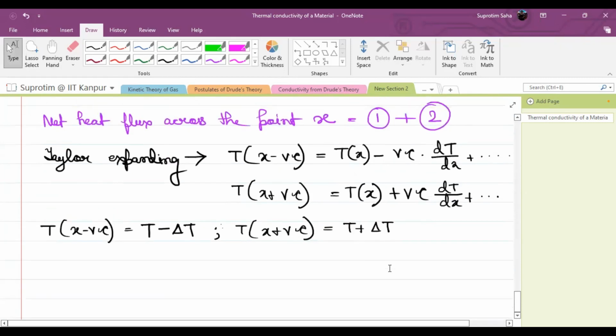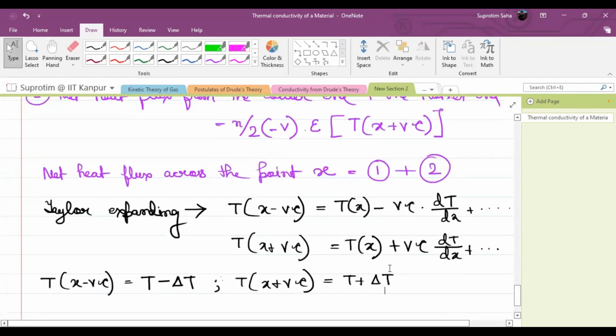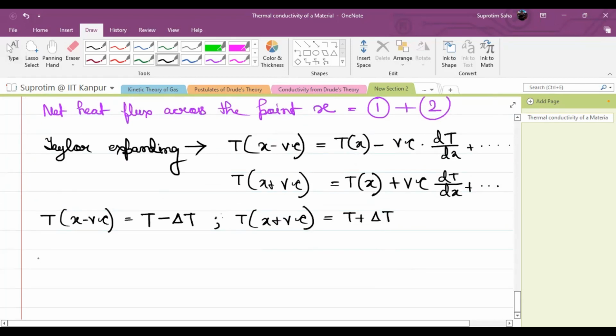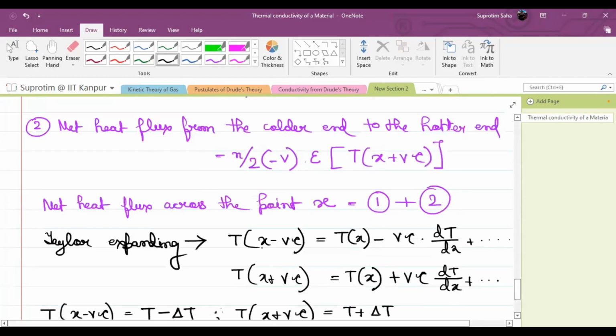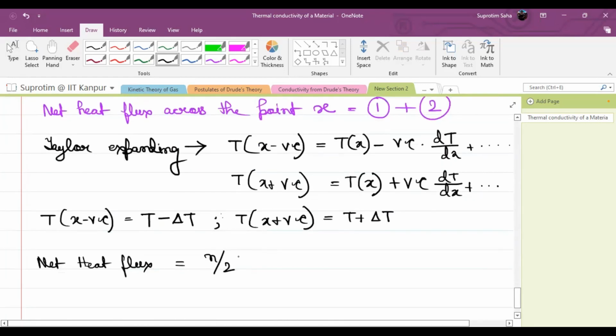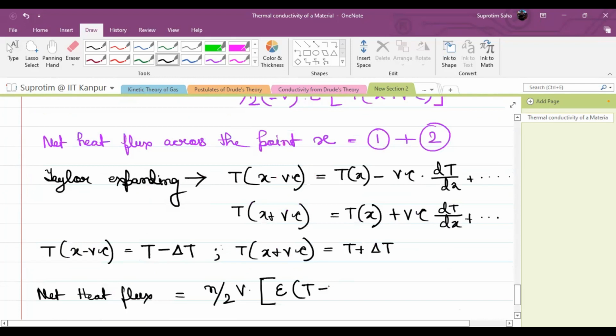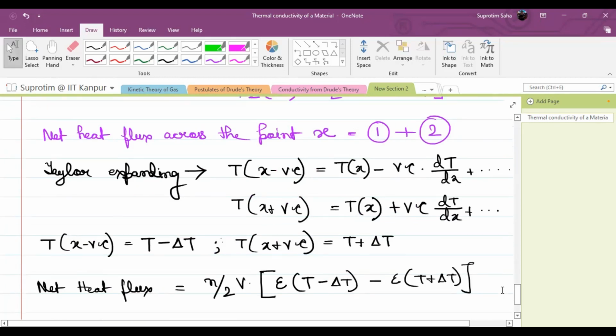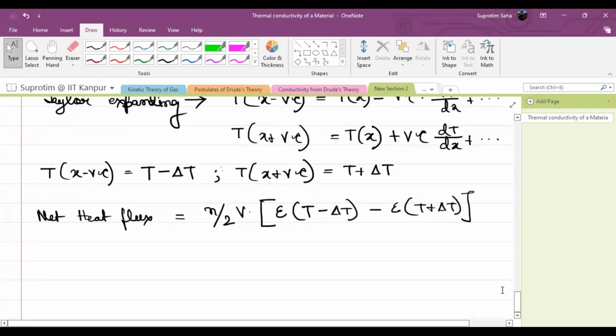So now the net heat flux is equal to n by 2 times v times epsilon of T minus delta T minus epsilon of T plus delta T. If you notice closely, this is again a Taylor expansion.